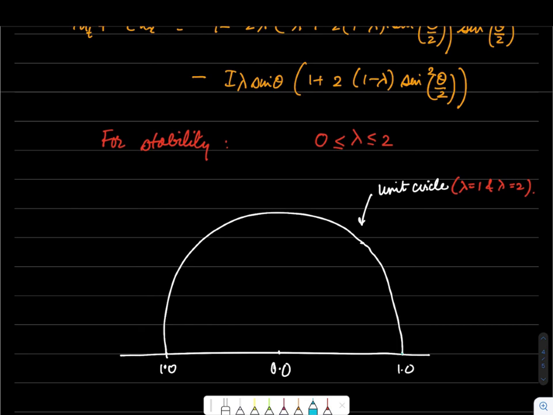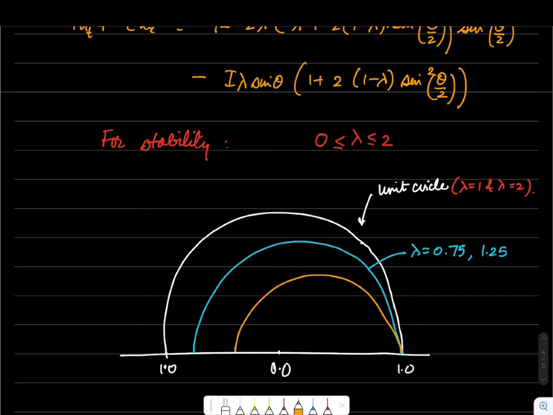For one set of lambdas, we will have this. This is for λ is 0.75 and 1.25, and we will have a curve of this type, and this will be for λ 0.5 and 1.5.